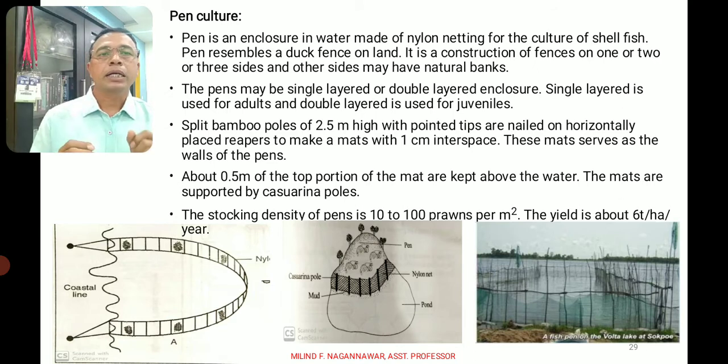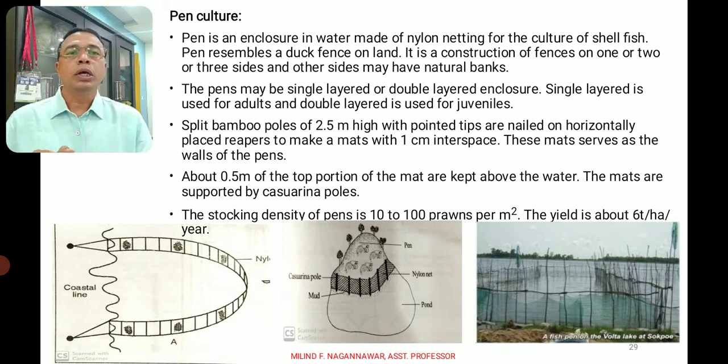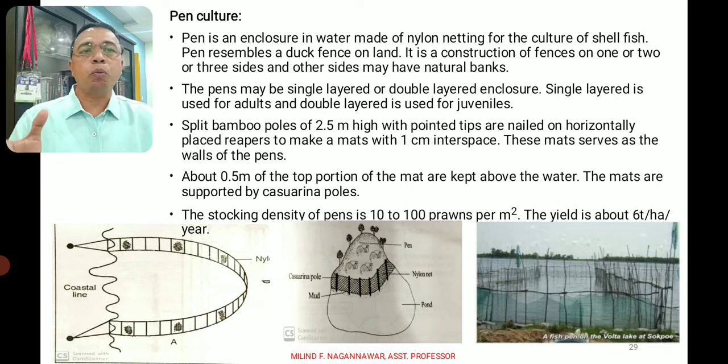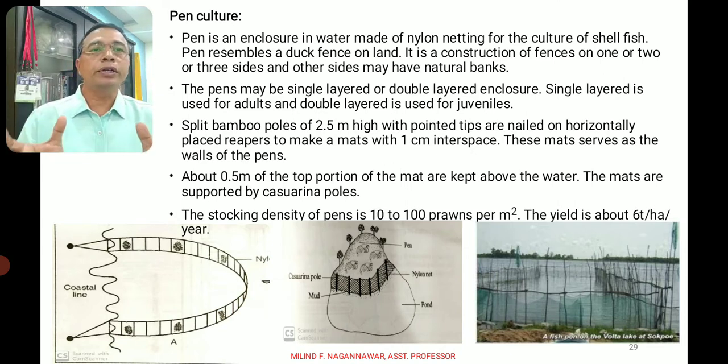Pen culture is an enclosure made in water by nylon netting.